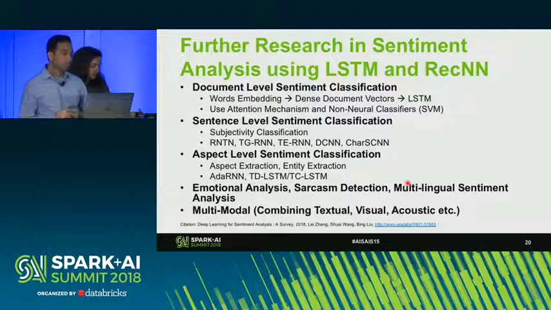For cross-lingual or more temporal models, they are also proposing some kind of attention mechanism, so you can extract those keywords which might be relevant in some language, then use LSTM to create those features, and finally feed them to some kind of non-neural classifier like SVM to obtain a globally optimum classifier. I'm not going to go through a bunch of acronyms there. There's a nice survey paper which you can go over.